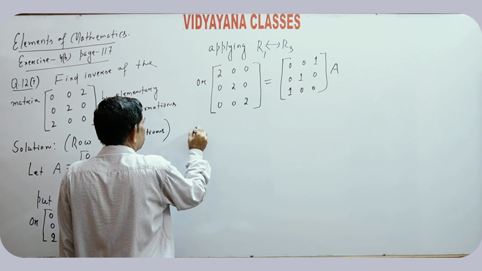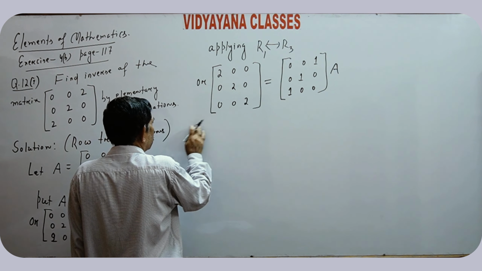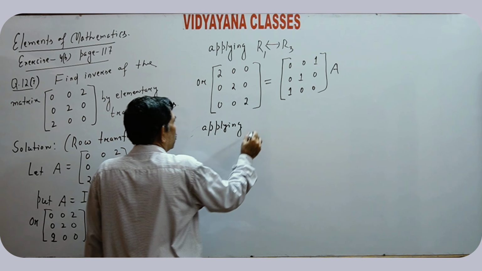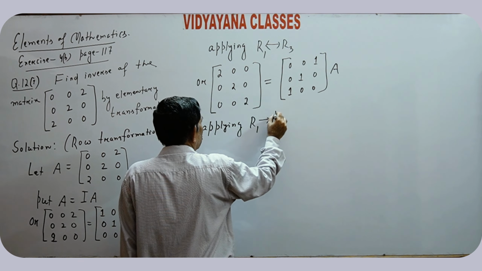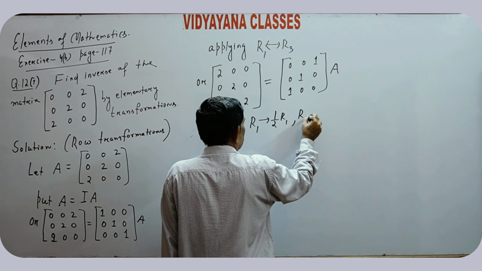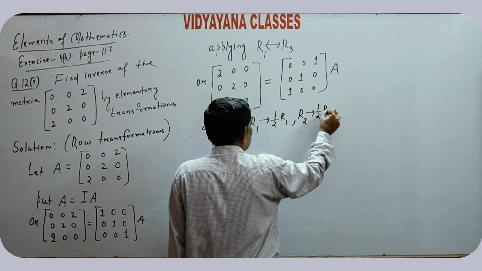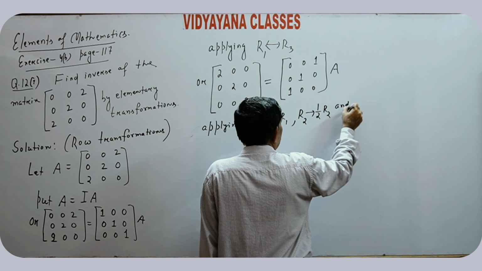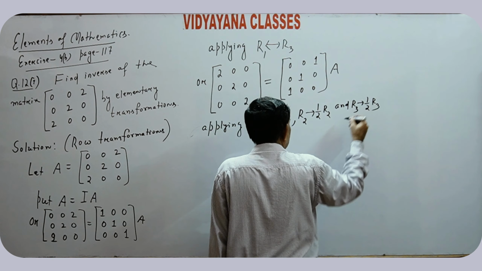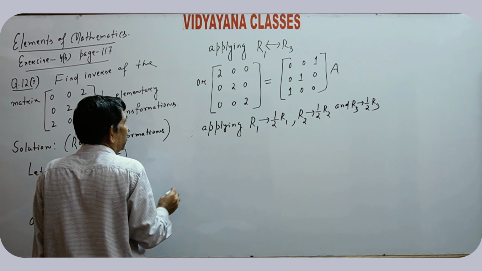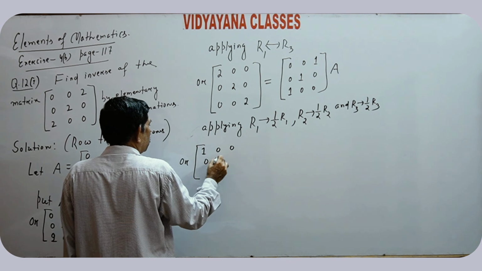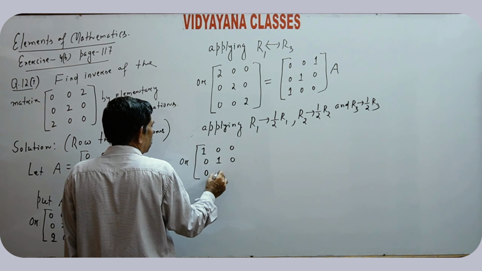Again applying row 1 replaced by 1 by 2 row 1, row 2 replaced by 1 by 2 row 2, and row 3 replaced by 1 by 2 row 3. The given equation will be 1, 0, 0, 0, 1, 0, 0, 0, 1.